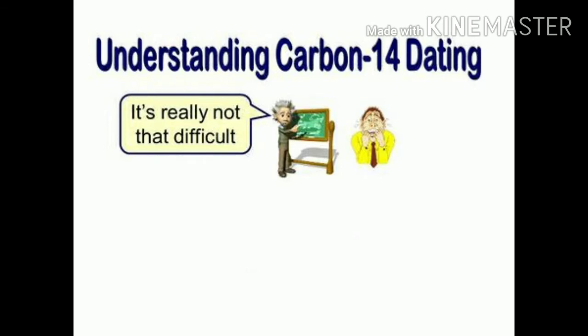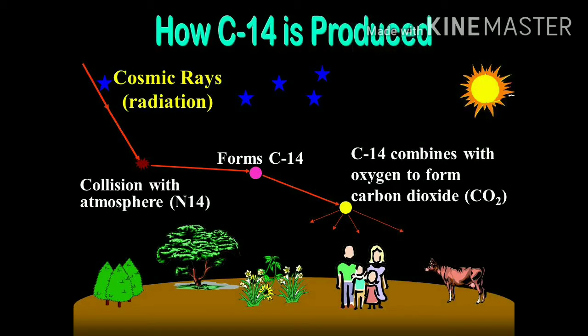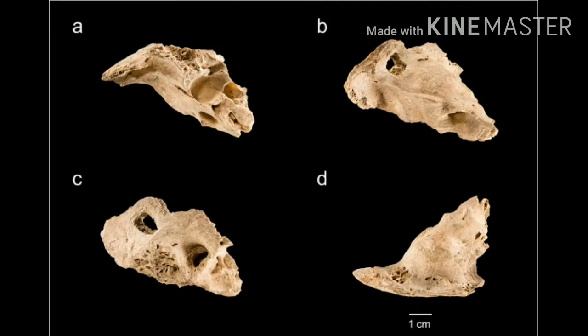Carbon dating technique uses a radioactive element that is found in the bodies of all living organisms, whether it be humans, animals, or plants. After the death of an organism, the carbon 14 in the body begins to decrease.